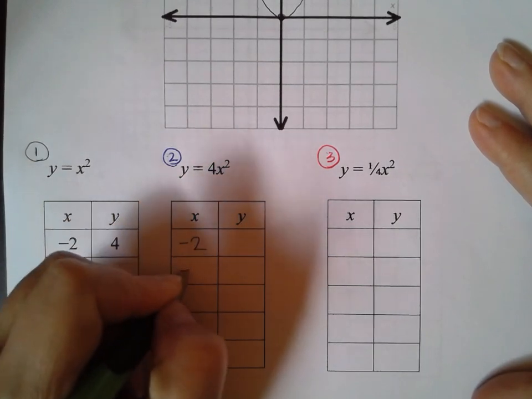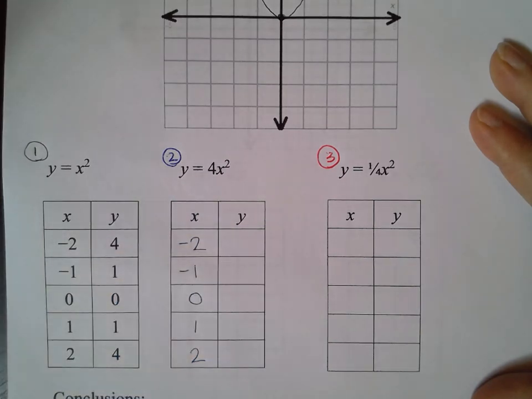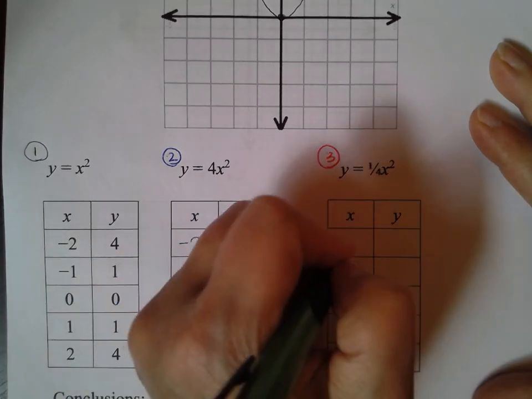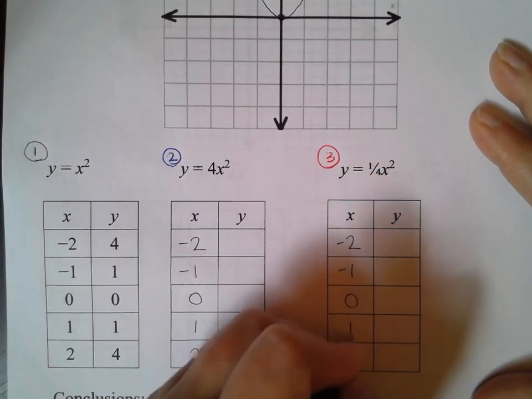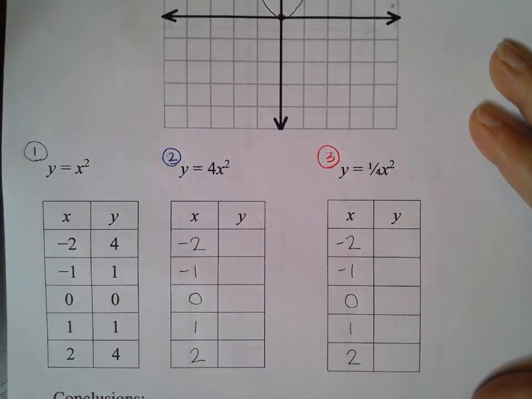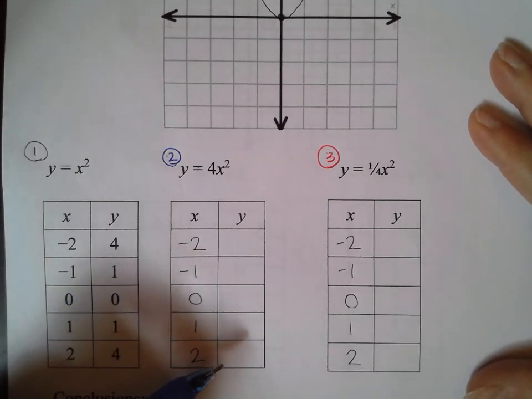So the x values are really not going to change. Notice the number in front that we're multiplying is on the outside of the function. Anytime I make a change to the outside, I'm going to see that the y value is what has changed. So I'm going to use the same x's, but I'm going to get different y's.